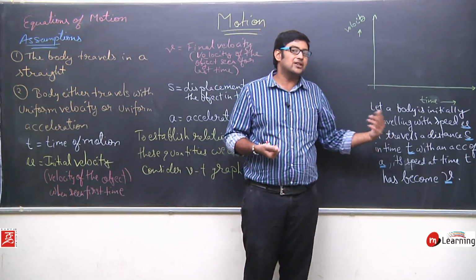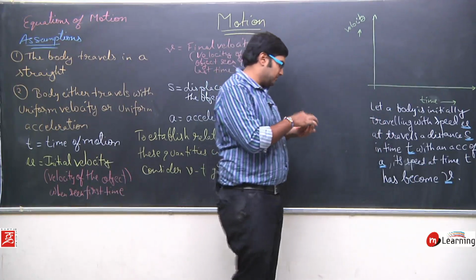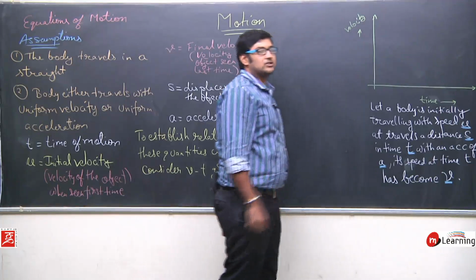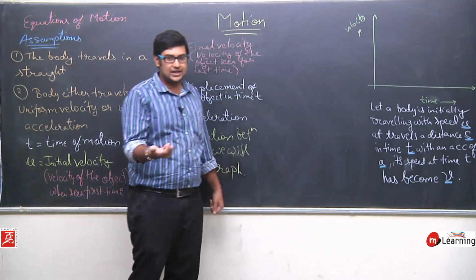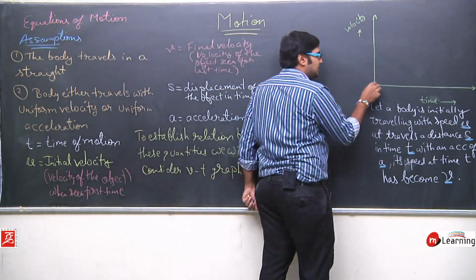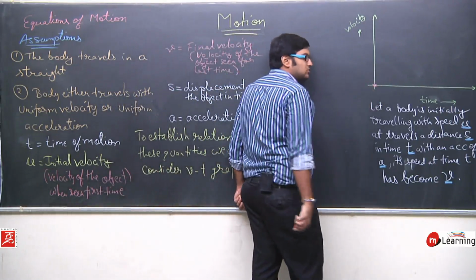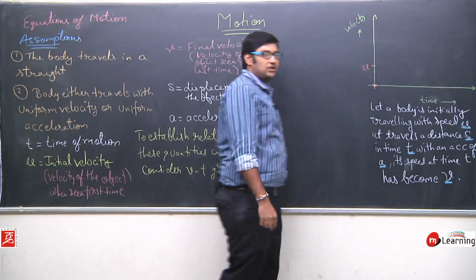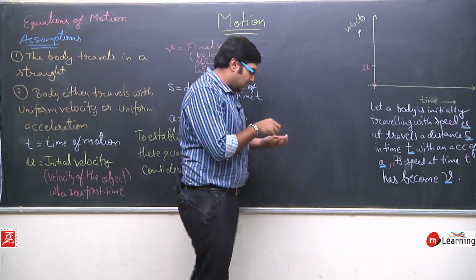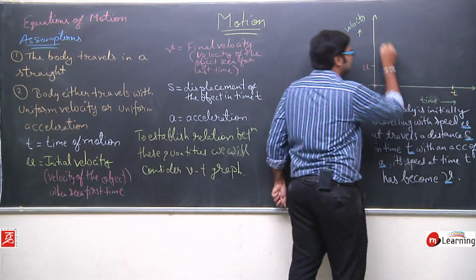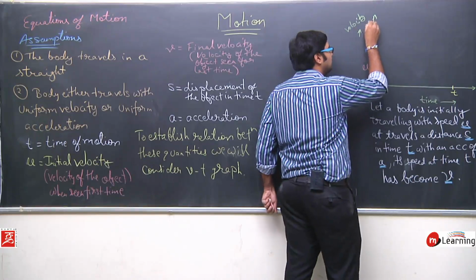So if I want to plot the graph of this situation, at time t equals 0, I will say the velocity is u, because as I said the initial velocity is u. So the first time I saw the object is t equals 0, and the velocity of the object is u. After t seconds, somewhere here, the velocity of the object becomes v.